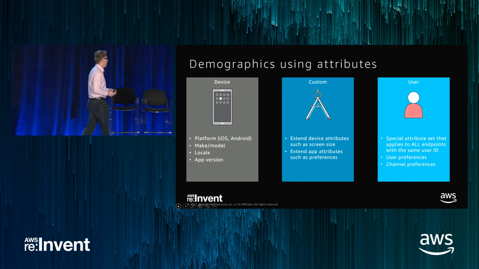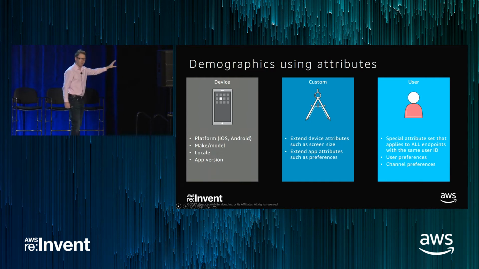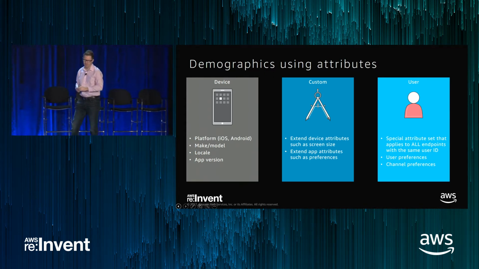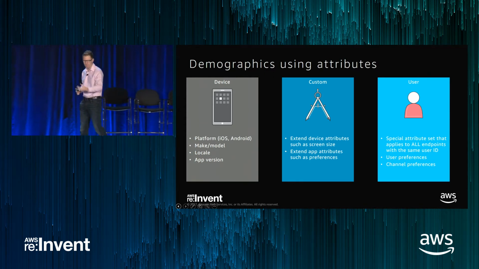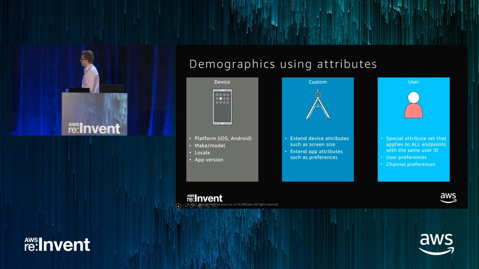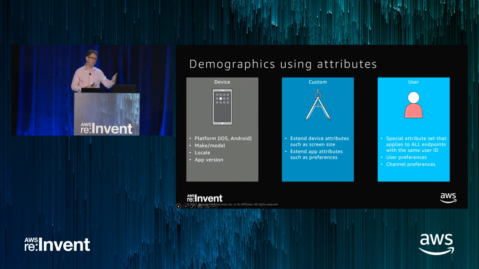Let's go a little deeper. So if you're targeting a mobile app, there is an SDK, and you get device profile that has a lot of information about the device, platform, make, model, locale, app version. We talked about most of that. You can also tack onto mobile app custom attributes and user attributes.